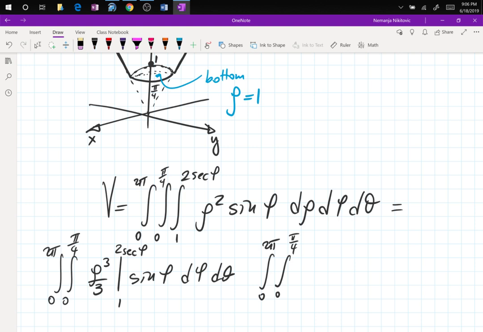You know what? I'm going to kick 1/3 outside because I can. So I have to deal with that at least. I have 8 secant cubed phi minus 1, times sine phi d theta.